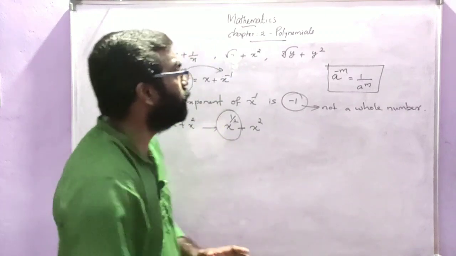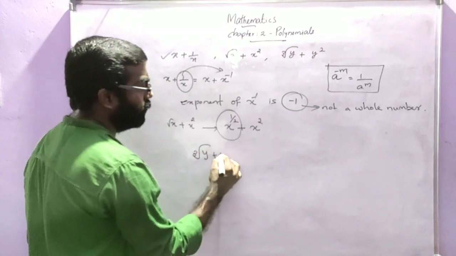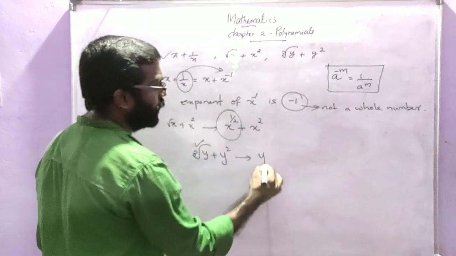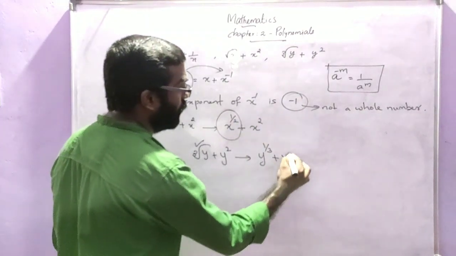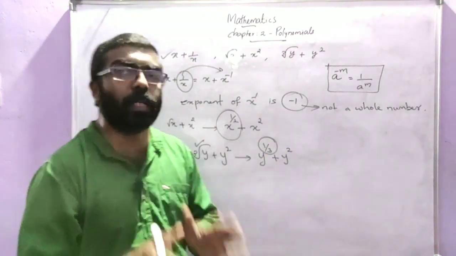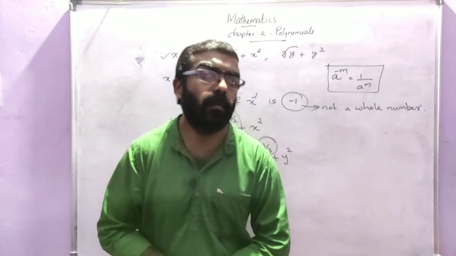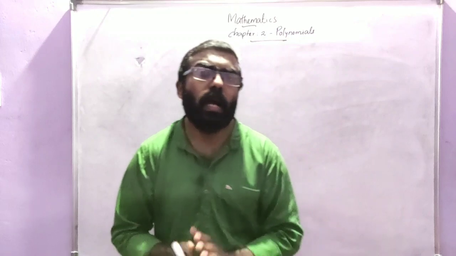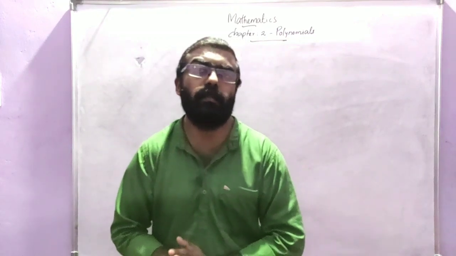And if we take the third one, cube root of y plus y square, here cube root of y can be written as y raised to 1 by 3, plus y square, and the power 1 by 3 is not a whole number, so it is also not a polynomial. Understood?